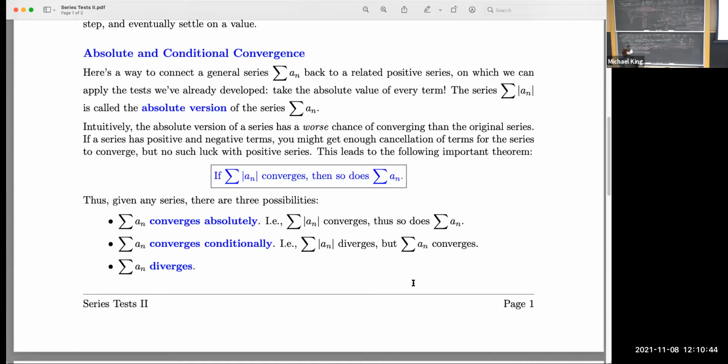There's also some things you could compare. We looked at the alternating 1 over n squared series, but we could also look at the alternating harmonic series, like the alternating 1 over n series.